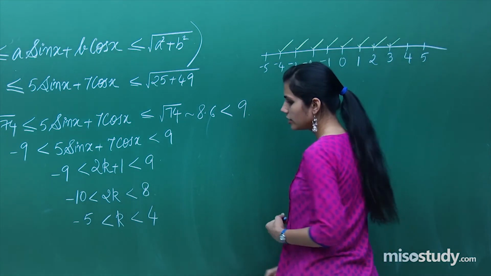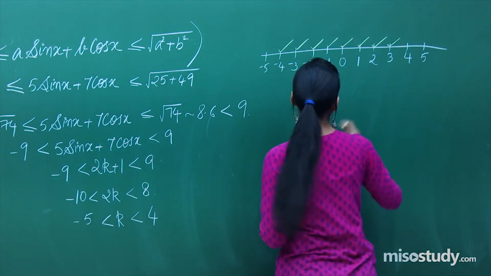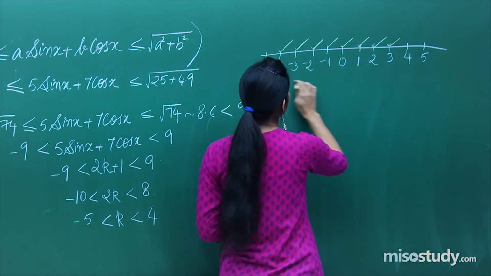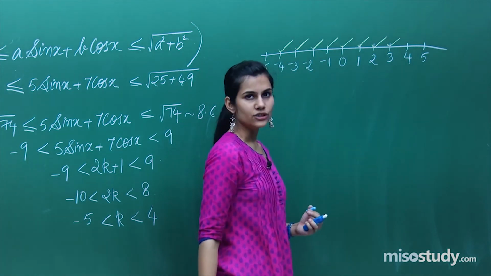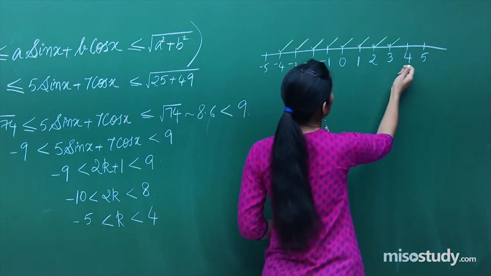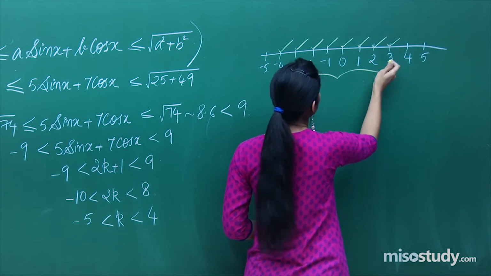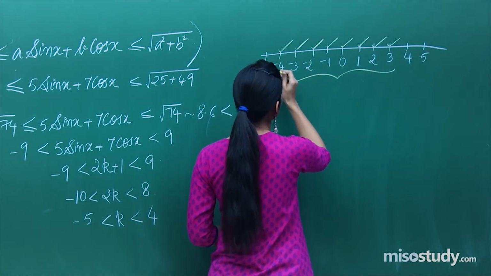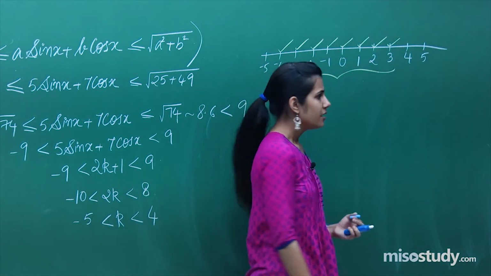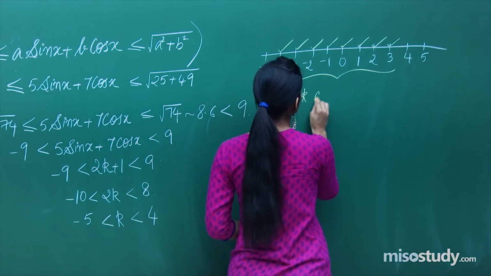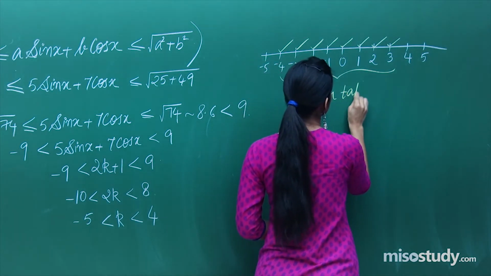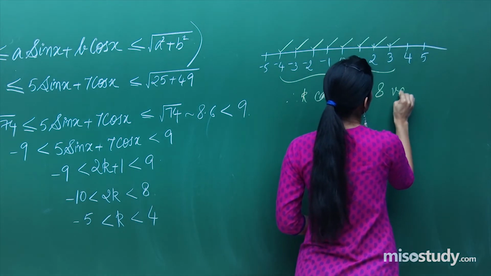Can it be 4? No, it is strictly less than 4. So, it can at most go up to 3. It can be equal to only these integers. How many are they? 1, 2, 3, 4, 5, 6, 7, 8. 8 of them. Therefore, k can take 8 values.